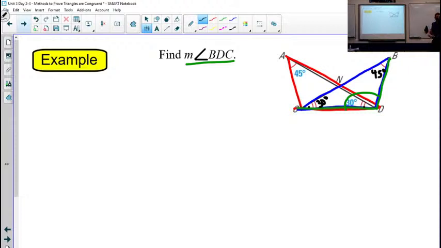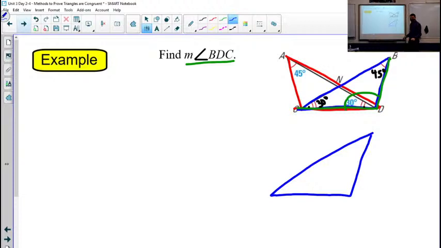Now, there's a lot going on in this diagram. A lot of different triangles overlapping with each other. So I'm just going to focus on the triangle that has the angle I want, which is the blue one. I'm going to draw it out separately, and that might help you see what we're going to do.